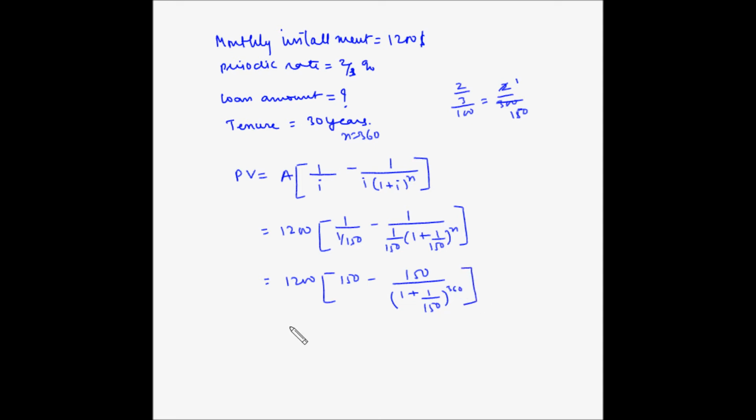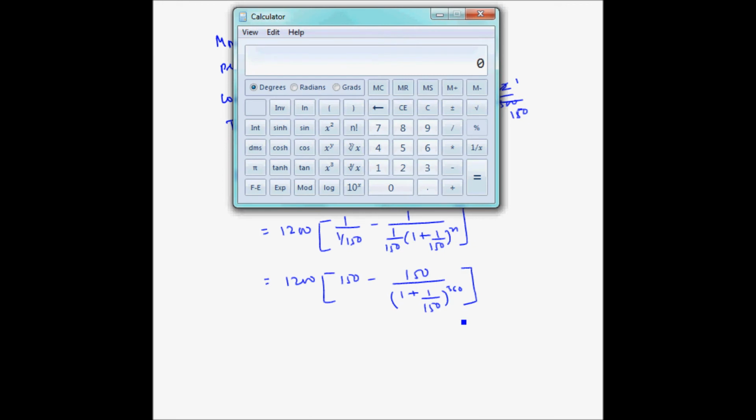So let me pull my calculator. So let's try to solve this bracket first, and specifically the denominator here. So 1 divided by 150 plus 1, x to the power y, 360. This is 1 by x into 150. This becomes negative, and plus 150 into 1200.